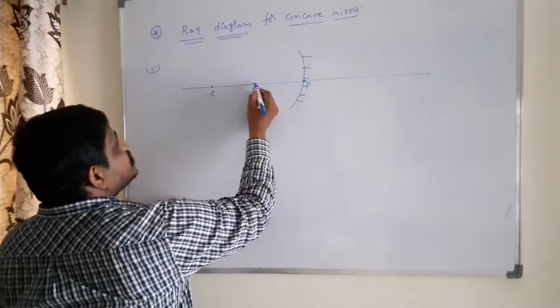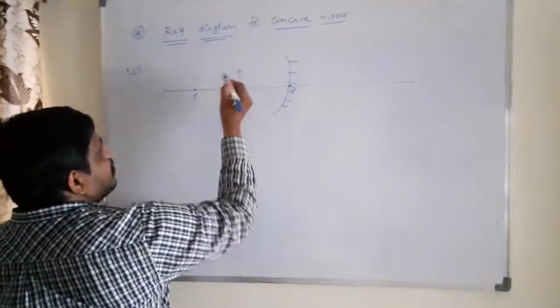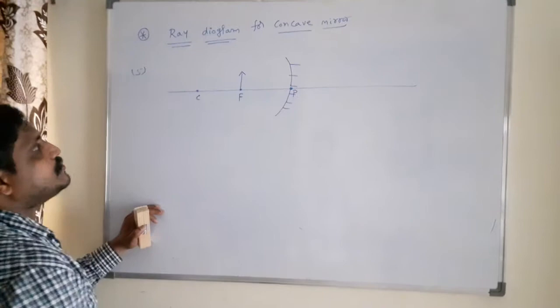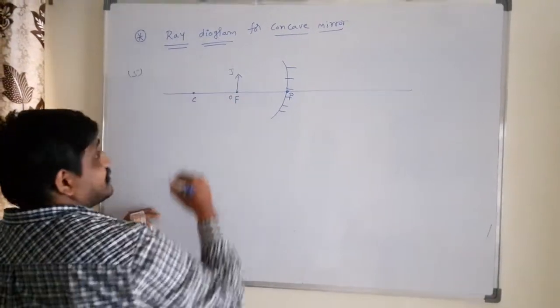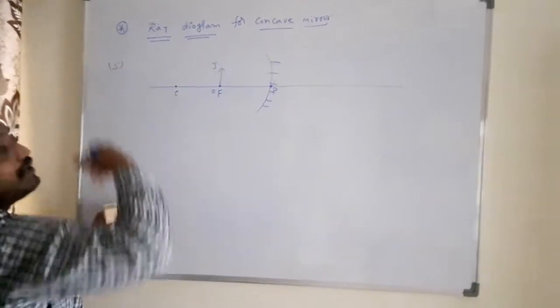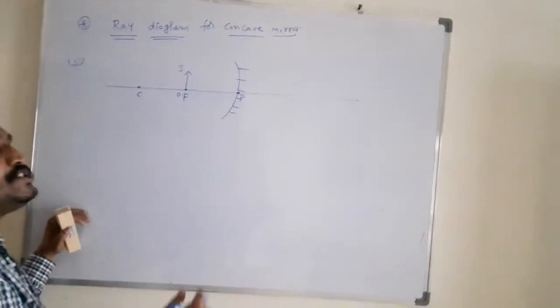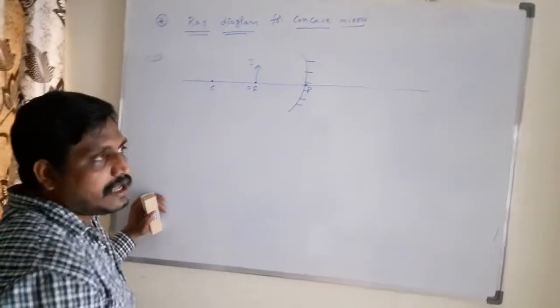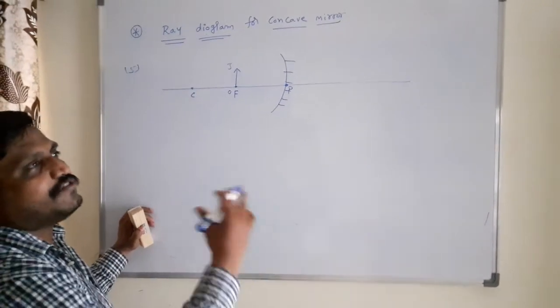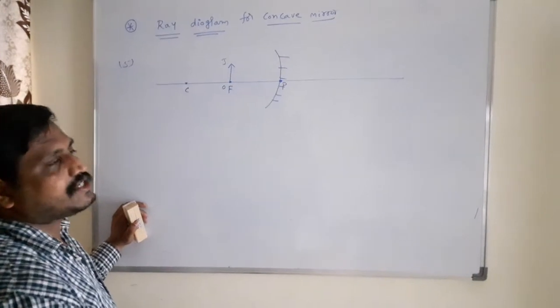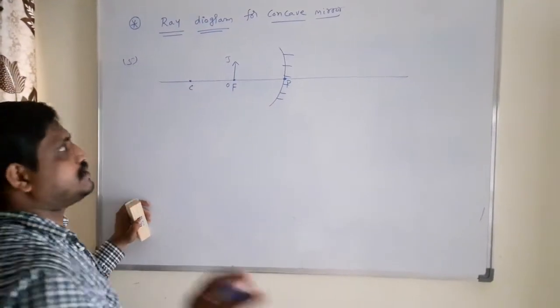Here the object is placed at the focus. First case: object at infinity. Next case: object between C and infinity. Third case: object at C. Next case: object between C and F. Last case: object at focus.